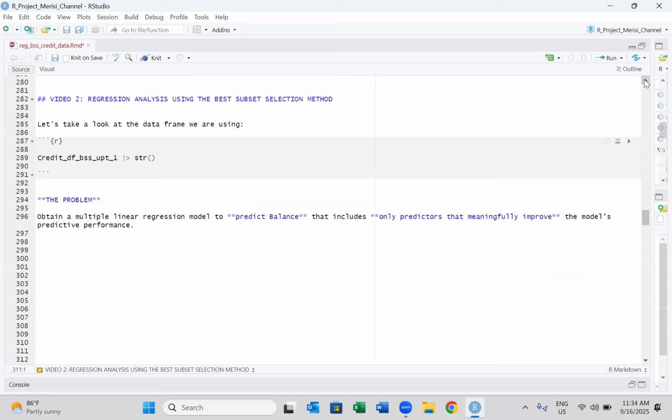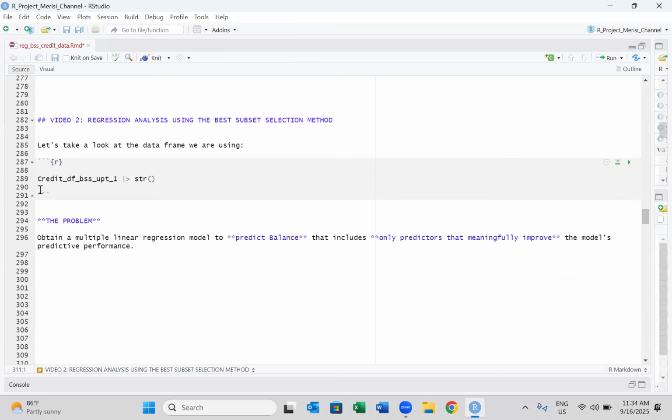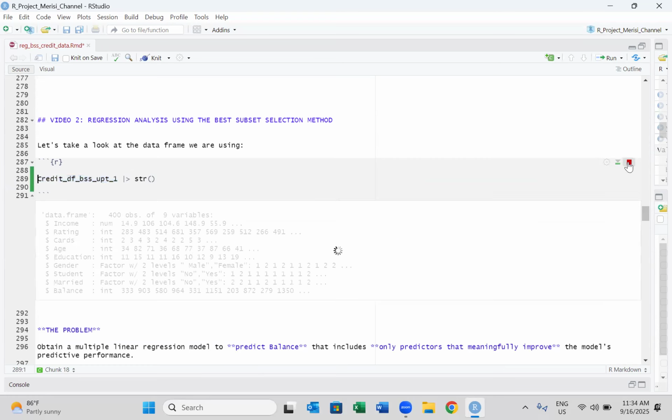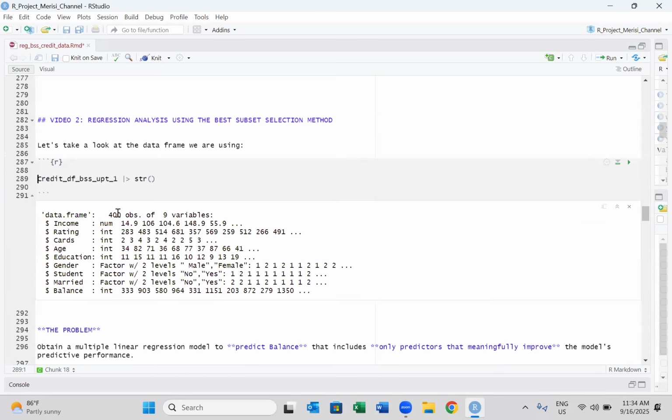Let's first take a look at the data frame that we are using to apply regression. The data frame is this one, credit DF BSS, best subset selection, update one, okay? This is a data frame with data about 400 observations, specifically people, so 400 people.